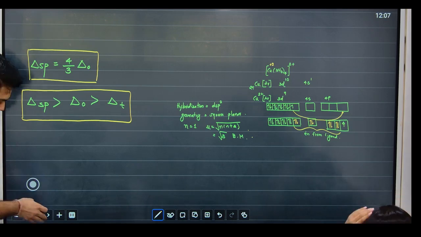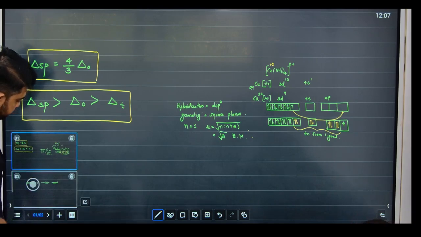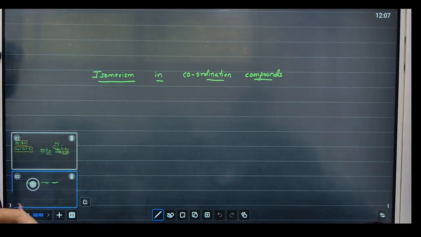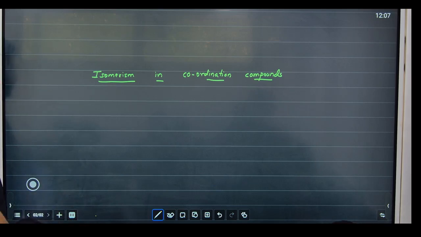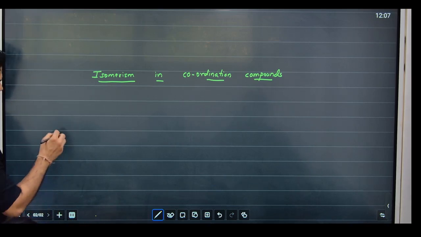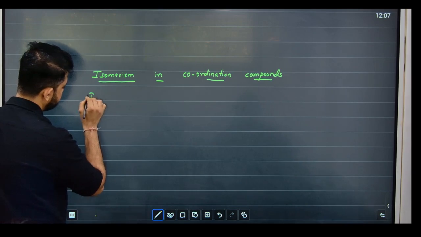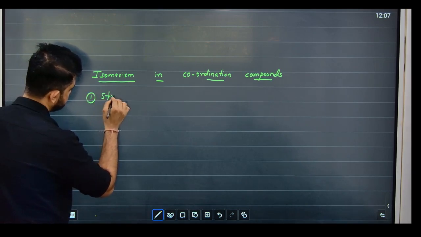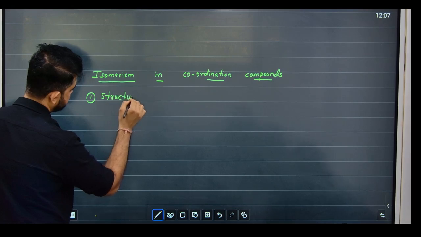चलो प्लीज राइट डाउन. Isomerism in coordination compounds. We start with the first one, structural isomerism.